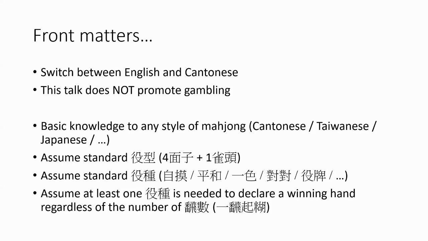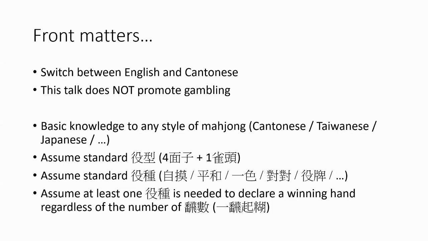And for this talk, we will only be considering standard yik-yings, okay? By standard yik-ying, it essentially means that you will need 4 面子 and 1 着头 in order to declare a winning hand, okay? And also, we only consider standard yik-zhongs. By saying standard, we are referring to maybe 自摸, 平胡, 清一色, 混一色, 對對胡, 東南西北, 白發中, things like that.